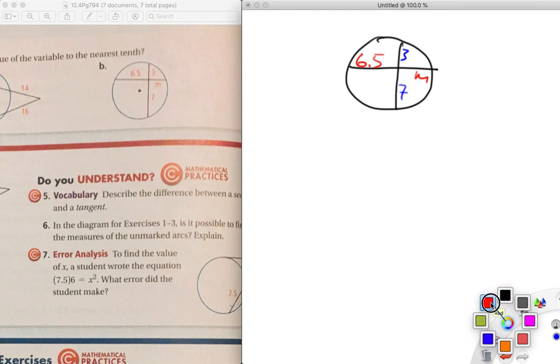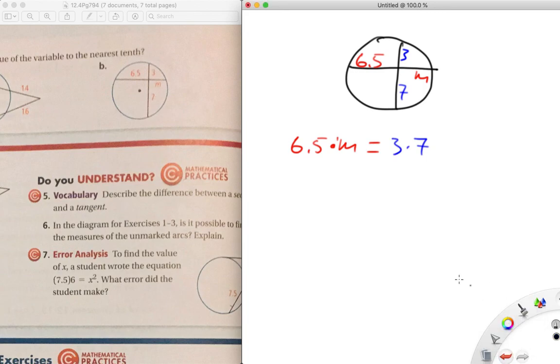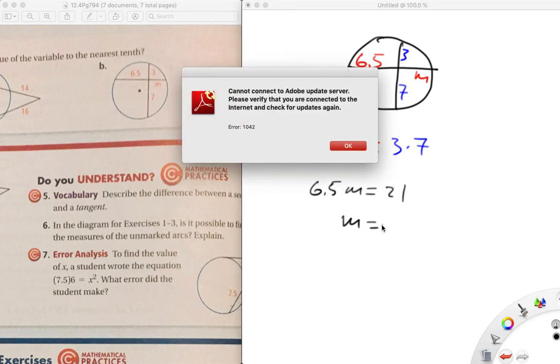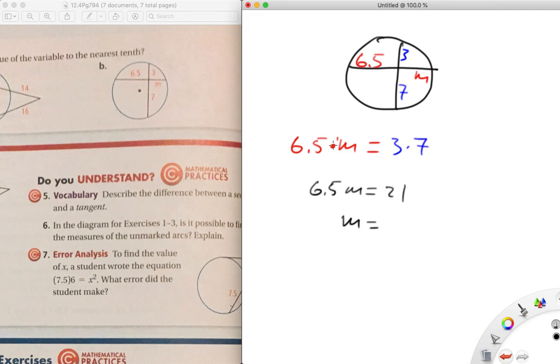So for this one, it's going to be 6.5 times m. That's going to equal 3 times 7. So that's going to be 6.5 m equals 21. Divide both sides by 6.5. And I get that m is equal to 3.23.